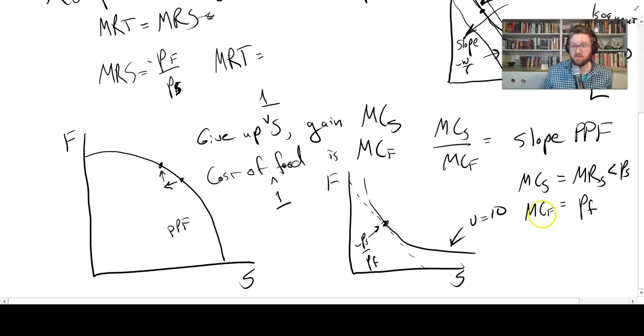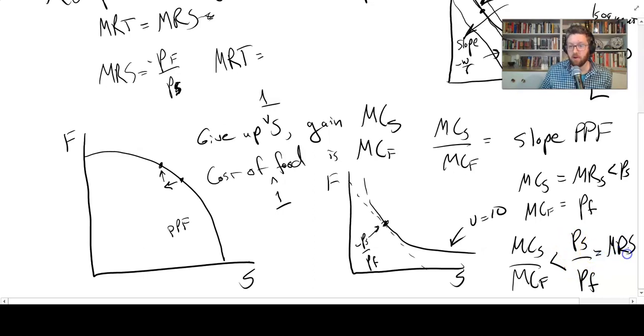So MCF is set equal to the price, but MCS is set equal to the marginal revenue of S, which is less than the price. That means if we divide these two by each other, we're going to get something that is less than PS over PF. Okay? And that is equal to MRS.